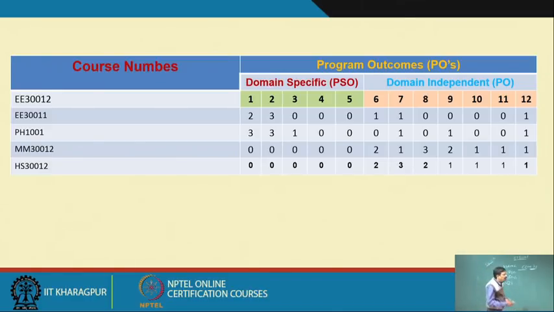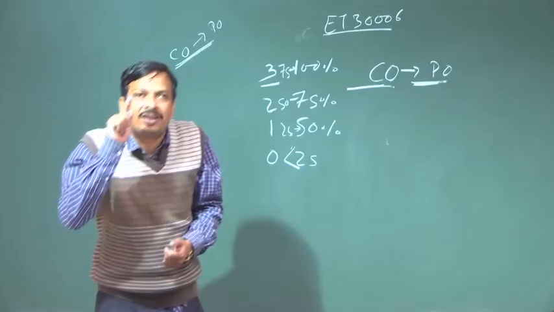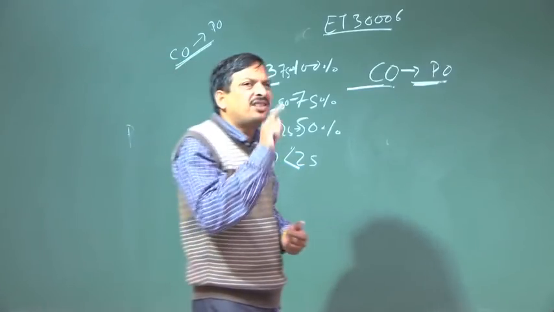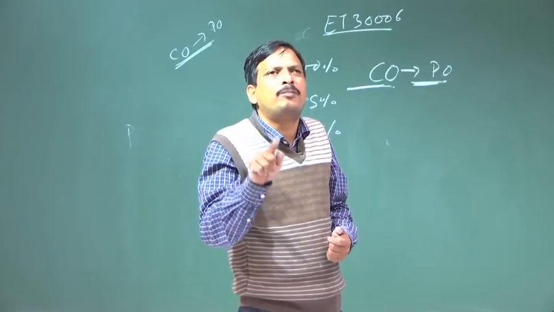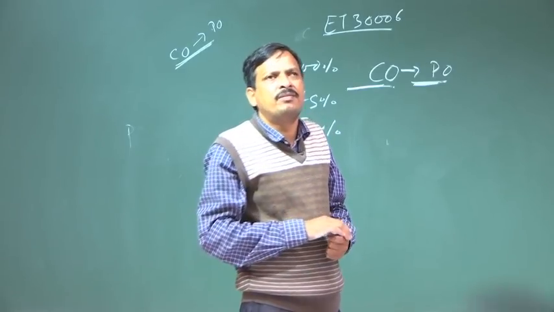So, might be some domain specific skill, domain independent skill is not covered during my domain dependent courses. For that only I offer some interdisciplinary courses like project management and finance.